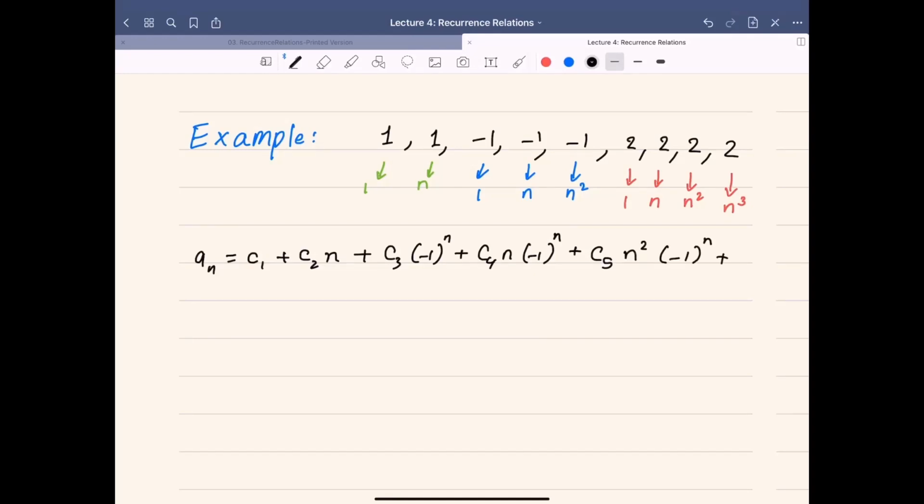This is for minus 1. And now for 2, it will be c6 multiplied by 1 multiplied by 2 raised to power n, plus c7n times 2 to the power n, c8n squared times 2 to the power n, and last we have c9n to the power 3 multiplied by 2 to the power n.